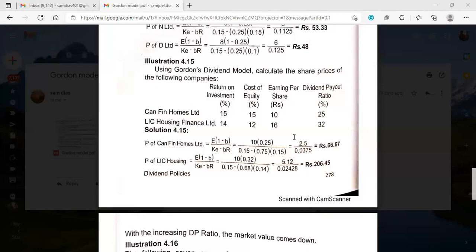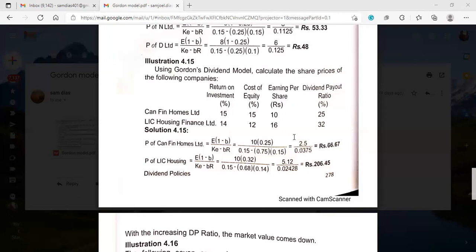So 0.15 would be the cost of equity, and we require B into R, that means the growth rate. Growth rate is the product of the dividend retention ratio and the return on investment. Here the dividend retention ratio is not directly given, but we can calculate it easily. Since the dividend payout ratio is 25%, 75% would be the retention ratio.